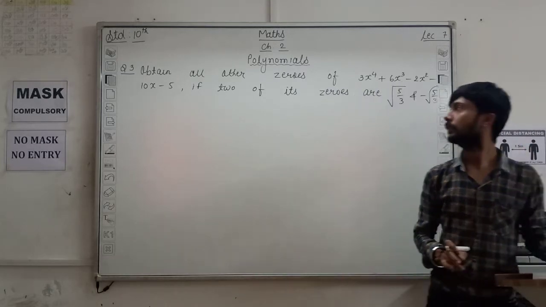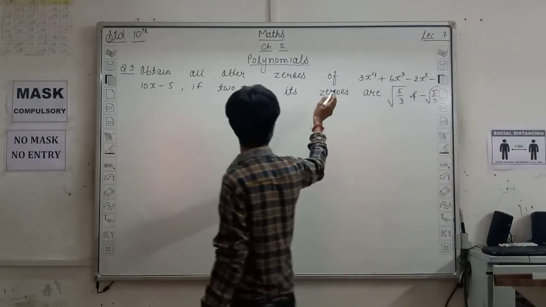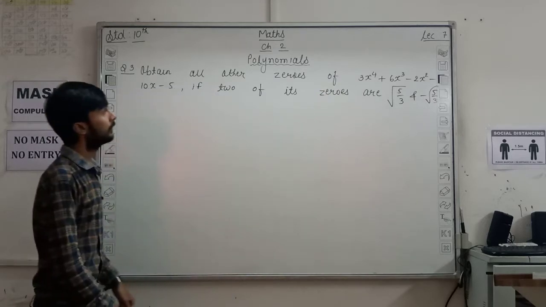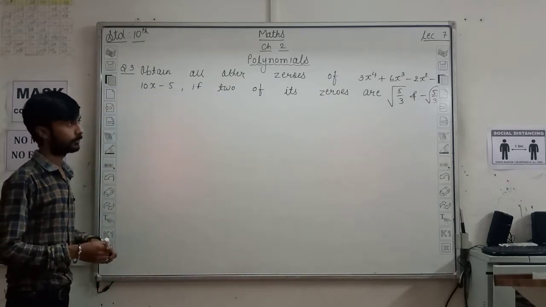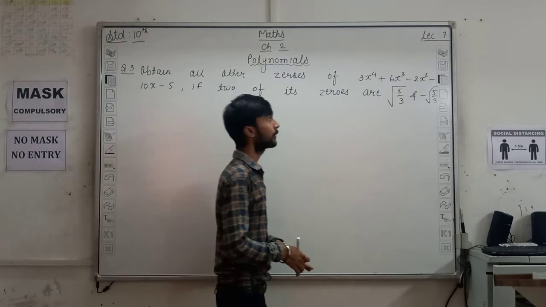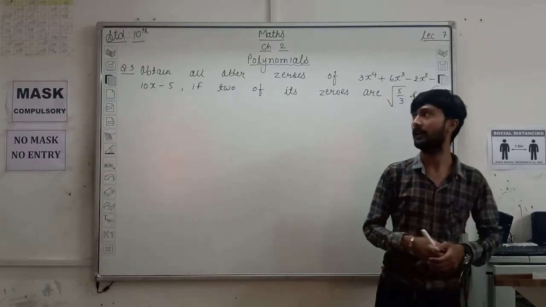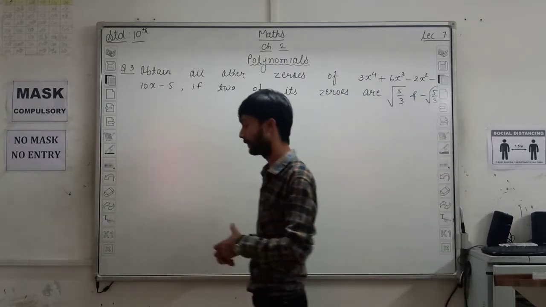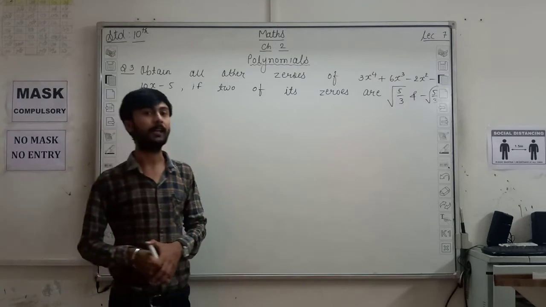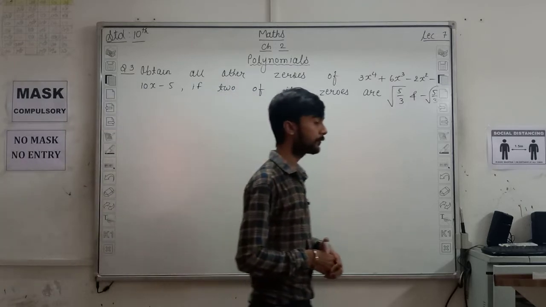So here you can see there are polynomial and zeros. Polynomial is 3x⁴ plus 6x³ minus 2x² minus 10x minus 5. A polynomial having 4 powers, so its degree is 4.